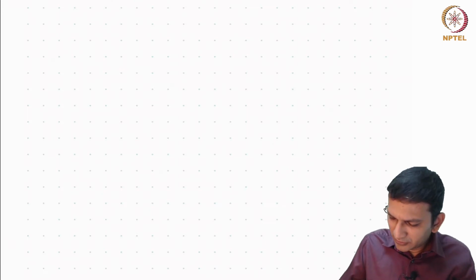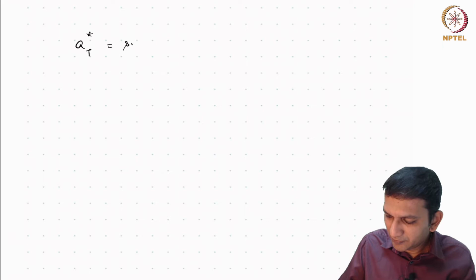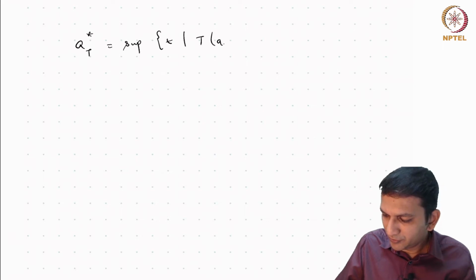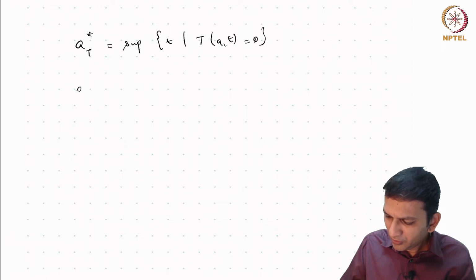Let's look at this. The definition for A T star was given like this: supremum of t such that T of A comma t is equal to 0. Now look at A coming from the open interval (0, 1) and T is the minimum T-norm.